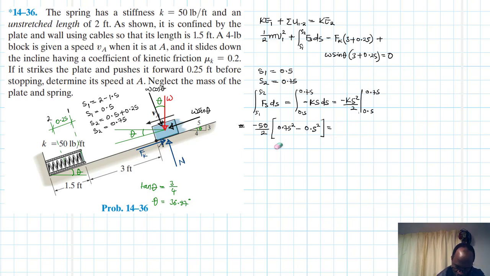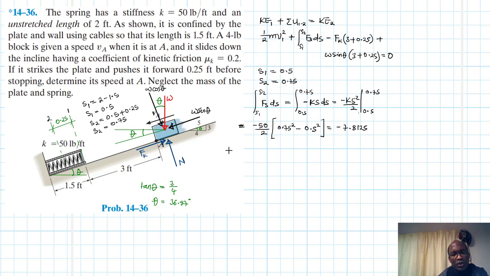So we have 0.75 squared minus 0.5 squared, times minus 50 divided by 2. So this is just going to be equal to minus 7.8125.